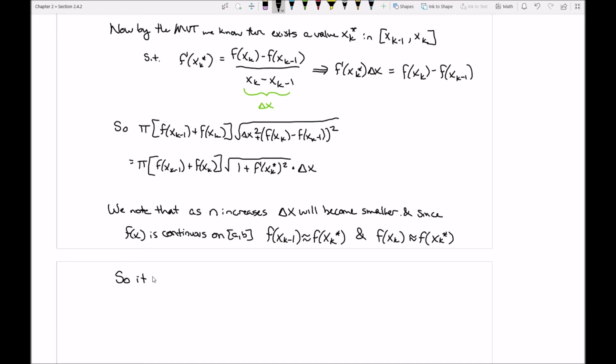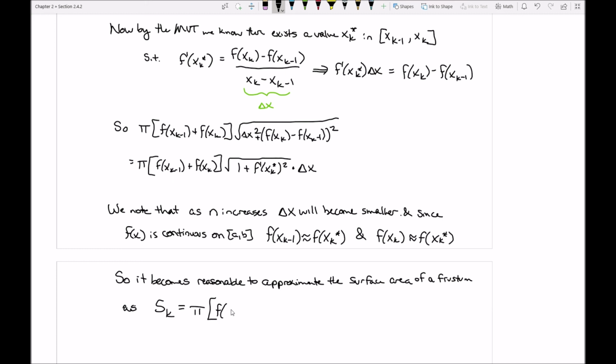I could say, so it becomes reasonable to approximate the surface area of a frustum as, and notice here I'm just going to pull out my s sub k, which again is exactly what we had up here, but notice now that instead of writing my f of x sub k minus 1 plus my f of xk, I'm going to swap those out for what they're almost roughly the same as, which is my f of xk star.